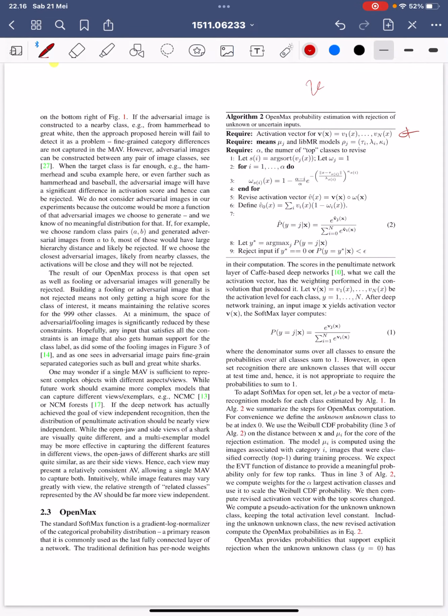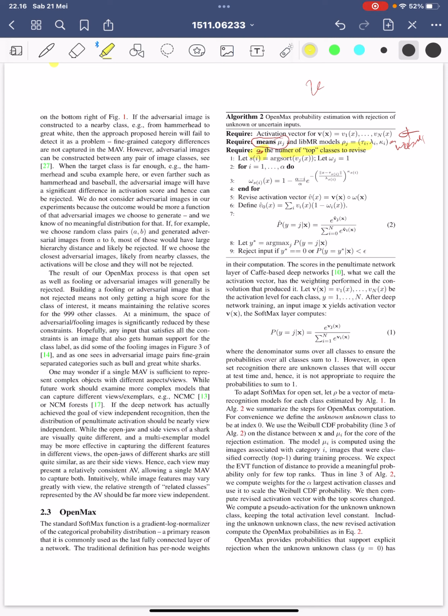Okay, so we get the activation factors, we get the means of every class, and we also have the Weibull distribution of every class. It also requires alpha, which is the number of top classes that we want to revise. So the activation factors that we get from the model will be revised for the top classes.